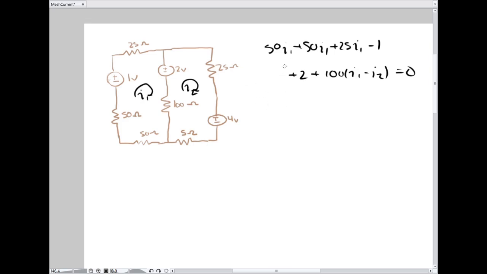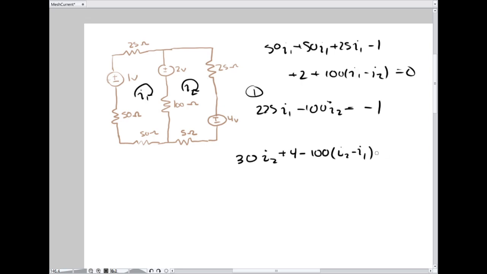So this is 225 I1 minus 100 I2. This is positive 1, so it's equal to minus 1 on this side. So that's the first equation. Second mesh equation. So 30 I2 plus 4 minus 100 I2 minus I1 minus 2 equals 0.